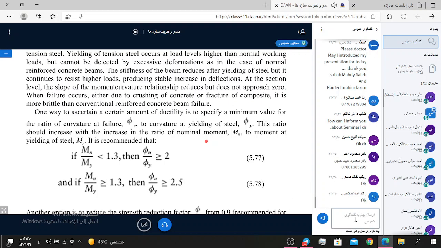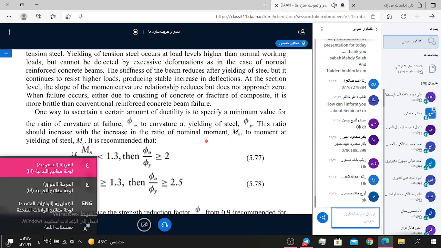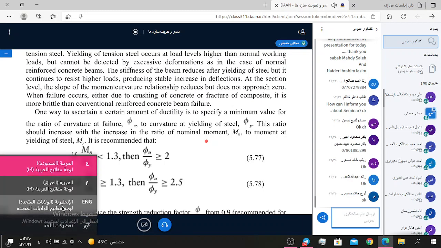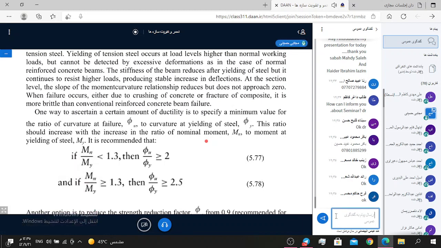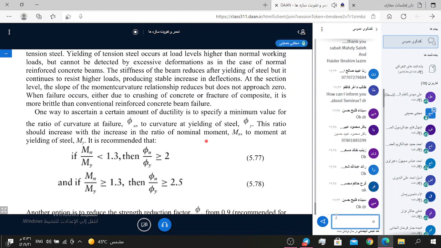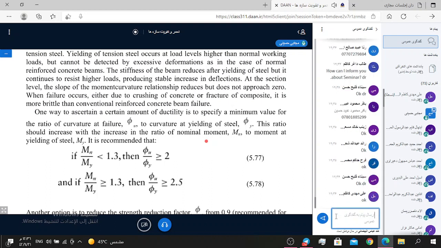For displacement, maximum displacement to the displacement corresponding to yield displacement for material.